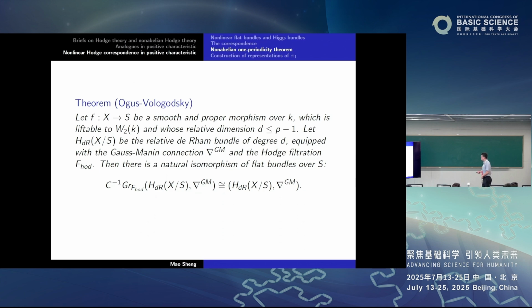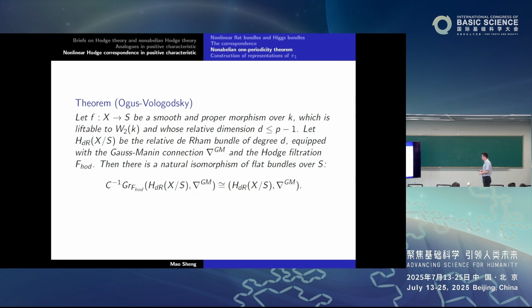So you have a smooth proper morphism over k, which is liftable to W2, and the relative dimension is less than or equal to p minus 1. Let H_dR^d be the relative de Rham bundle of degree d. In this case, the relative Hodge spectral sequence degenerates at E1. And this relative de Rham bundle is equipped with a Gauss-Manin connection and Hodge filtration.